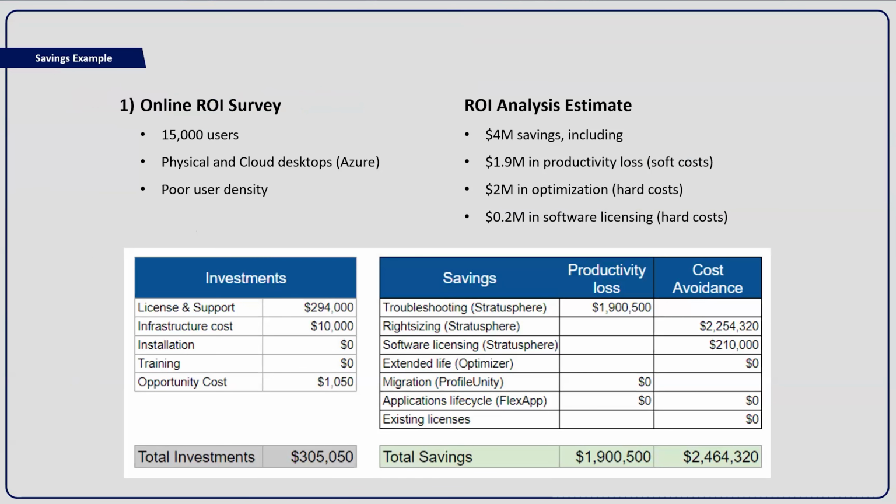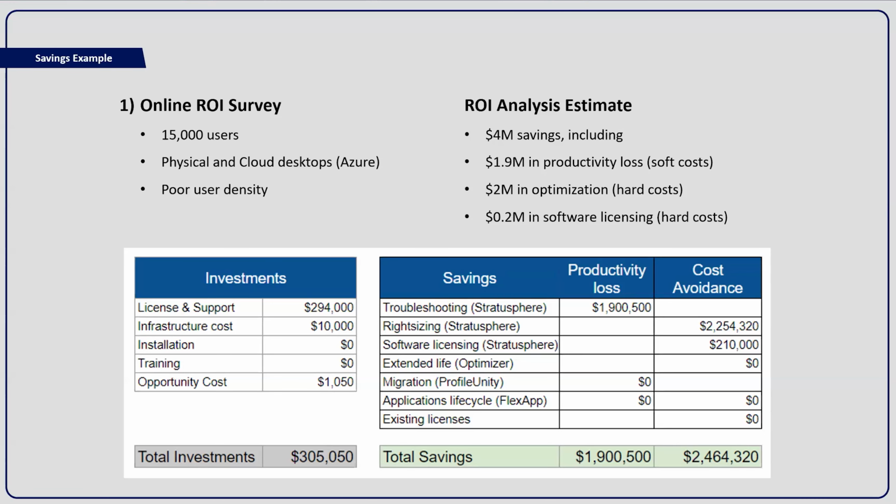The use case I'm going to talk about started a few years back. We used to have a fairly generic, basic ROI tool on our websites that has now been modernized. We'll talk more about it later in the presentation. We ask a few questions, and from there we project how much money you can save using our solution.